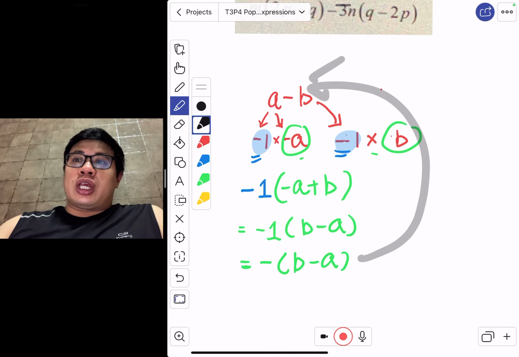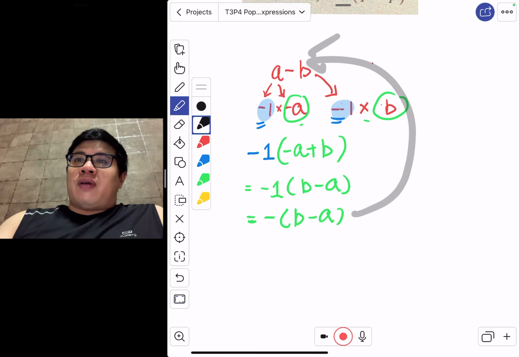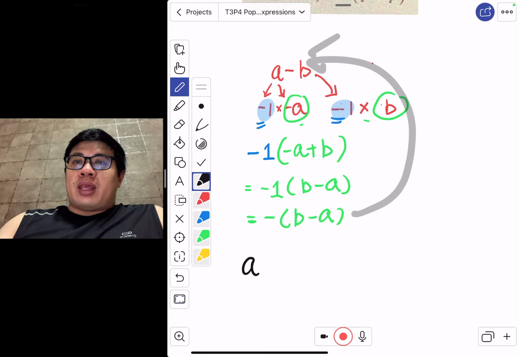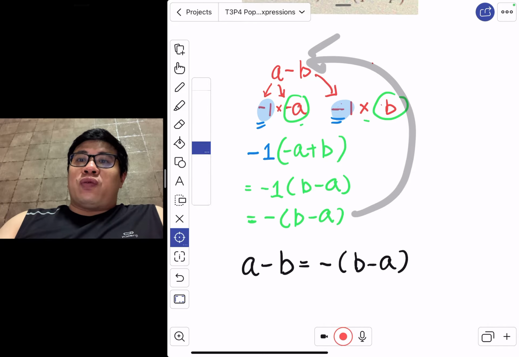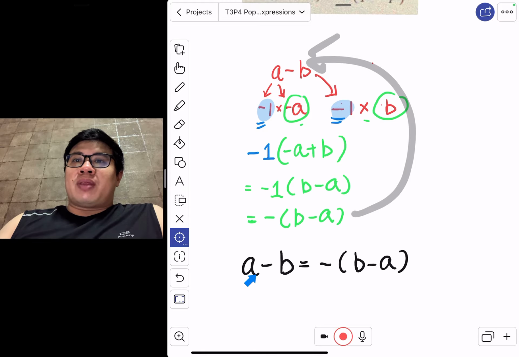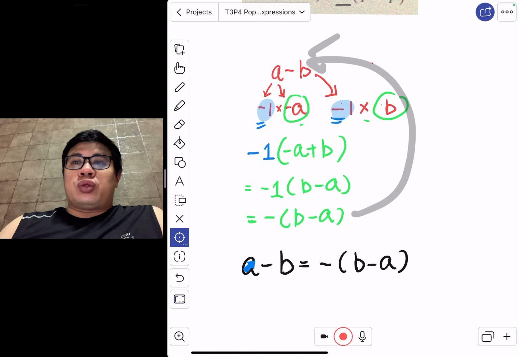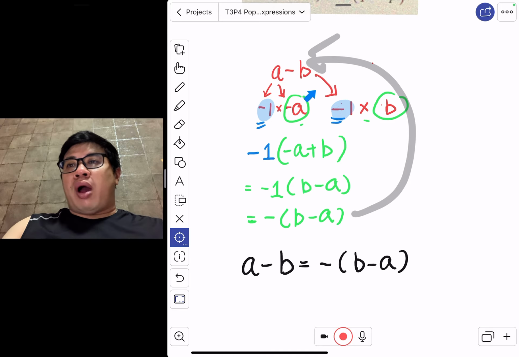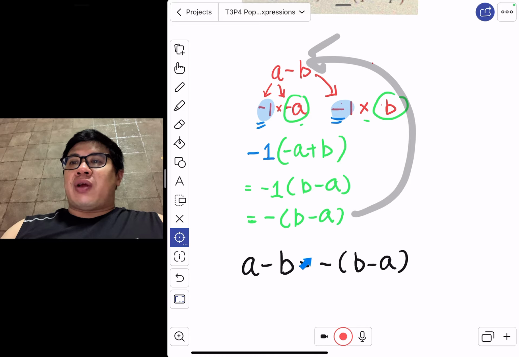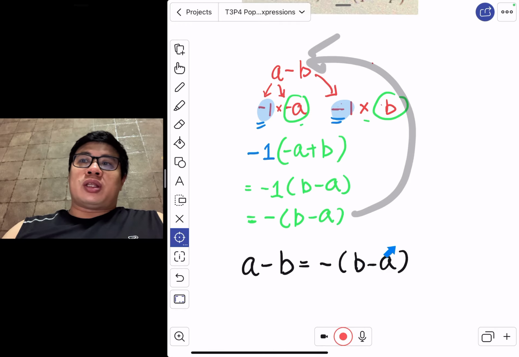So in general, it is true. If I take a minus b, this is actually the negative of b minus a. If I flip the terms front to back, swapping the two terms and keeping the minus sign, all I need to do is put a minus sign outside. You can see why: I factorized out a negative 1 from both terms and put it outside, so I just need to swap the terms.